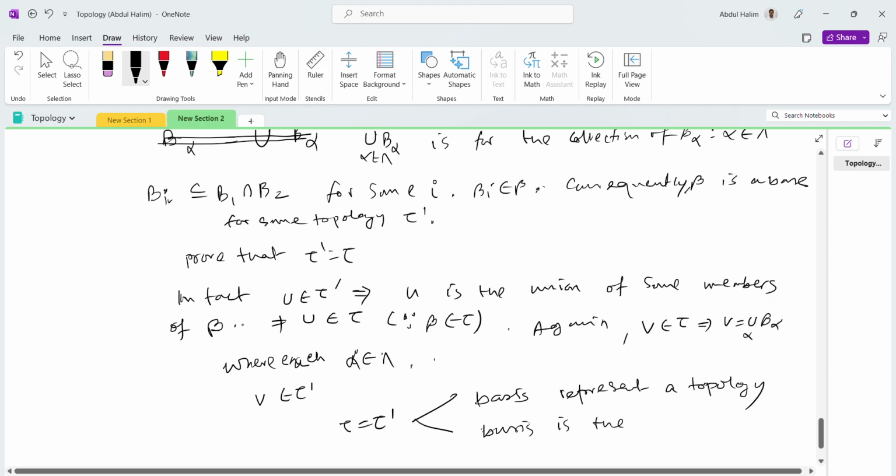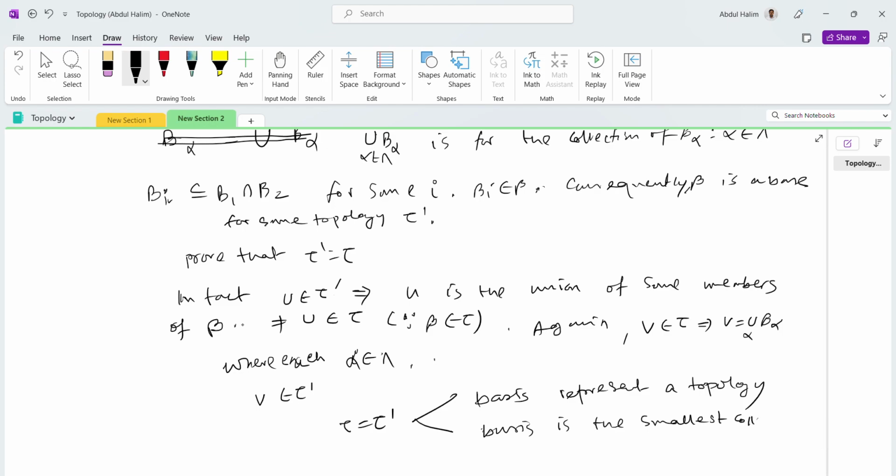So a topology can be described by a basis, and the basis is the smallest collection of the topology. So tau is equal to tau1, because two conditions are inside it.